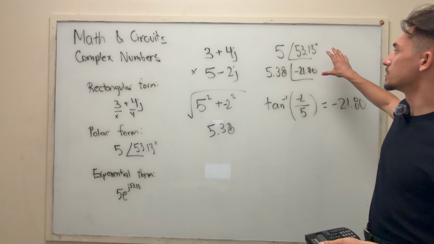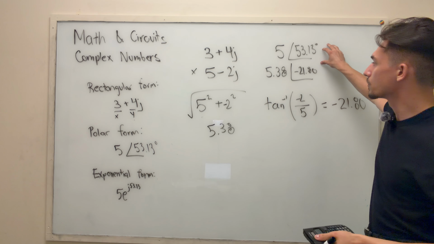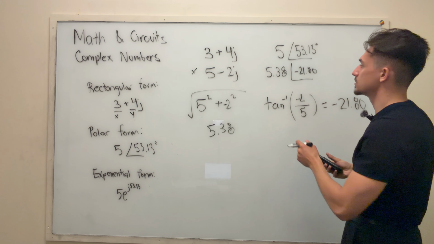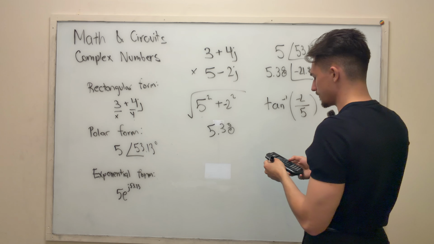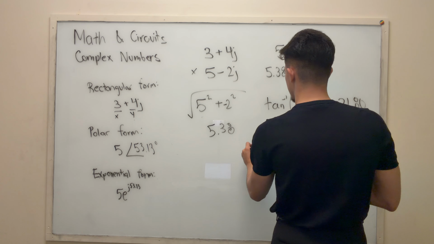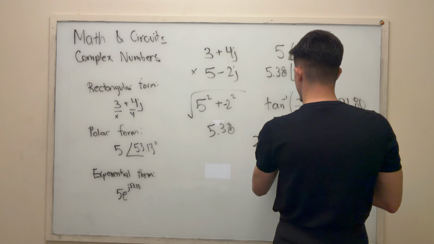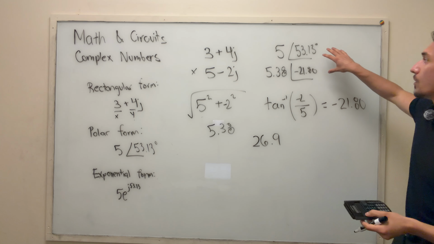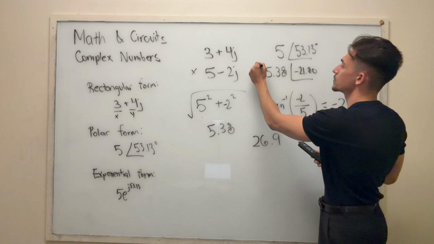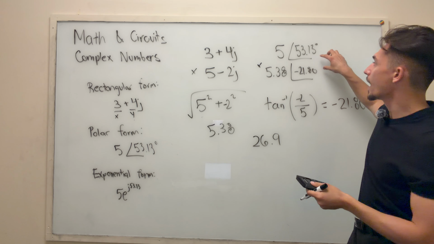So now what we got to do is multiply this polar form by this polar form. So what's nice is we can multiply these two values. So 5 times 5.38 will give us 26.9. And when you have angles and you're told to multiply them, what you really do is you add them.